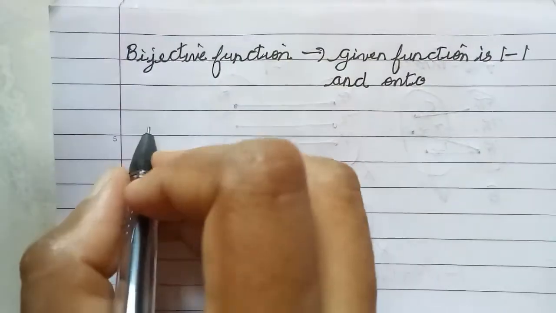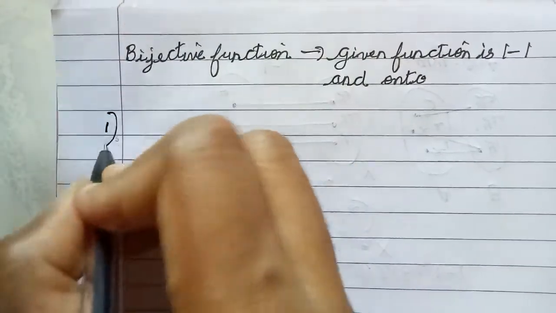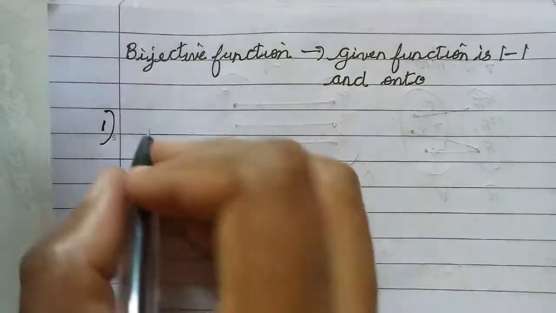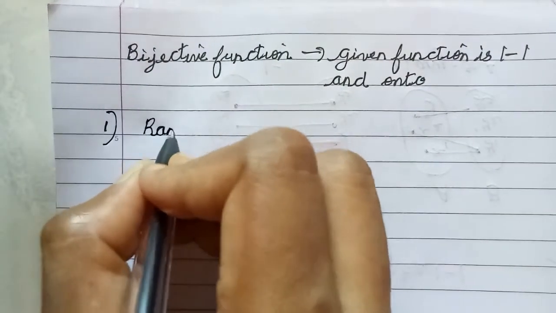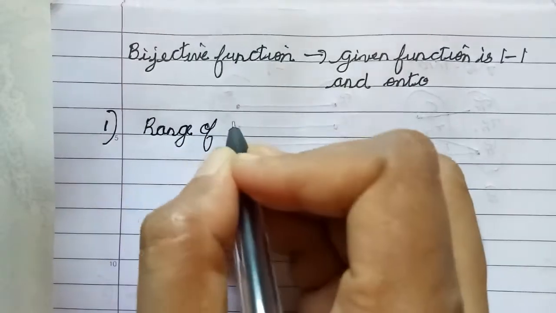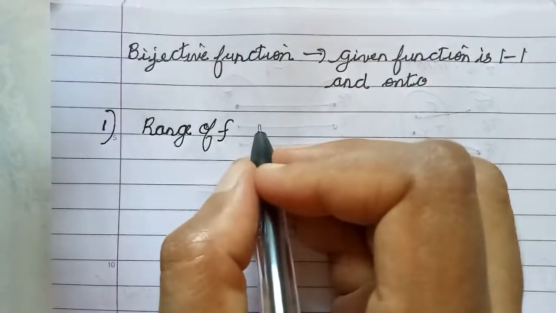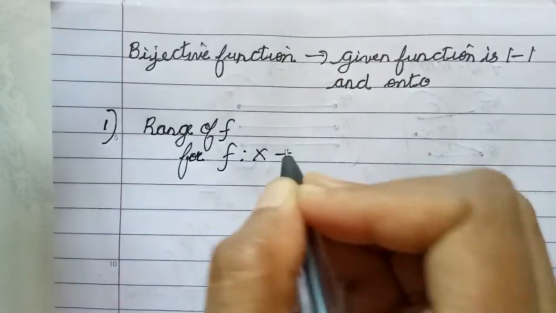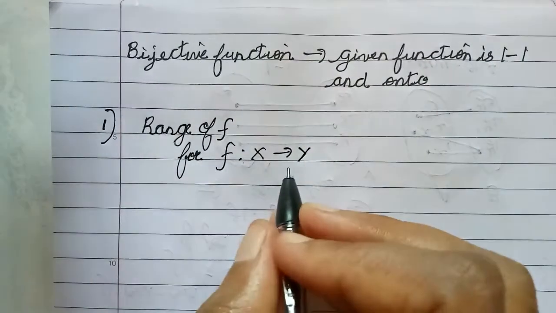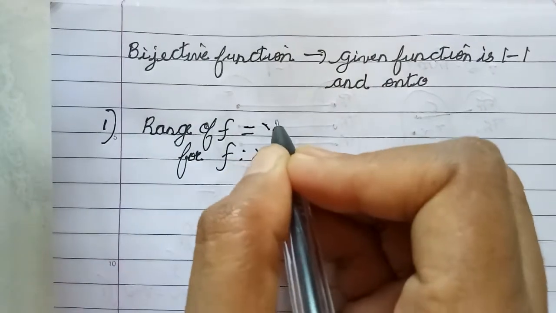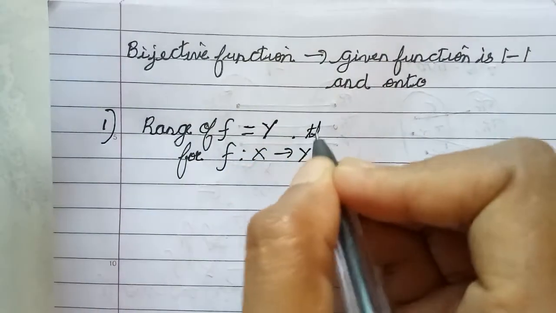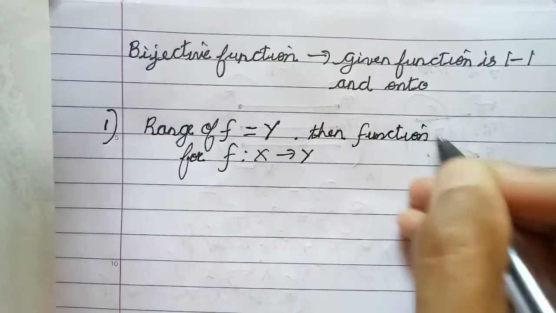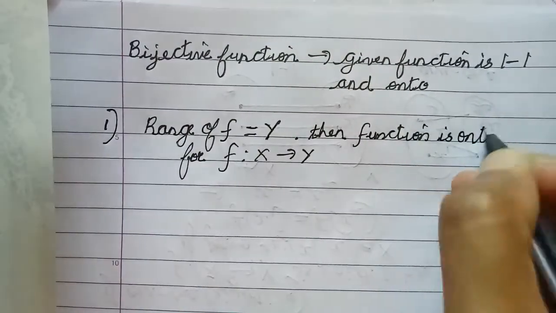Now some important results or highlights are, children: for a function f defined from X to Y, if the range of your function f happens to be your set Y, then your function is said to be onto. Isn't it correct?